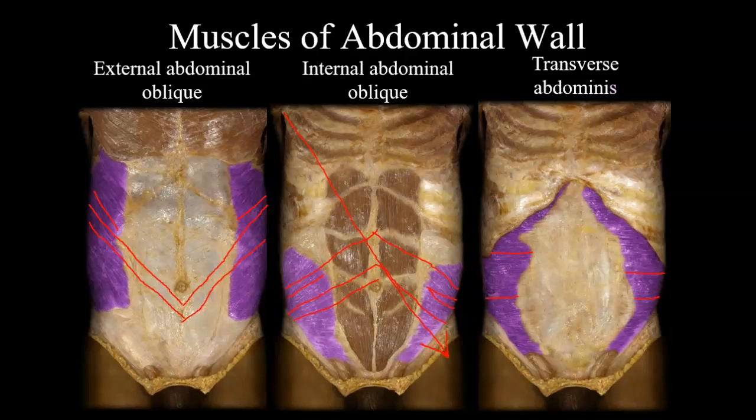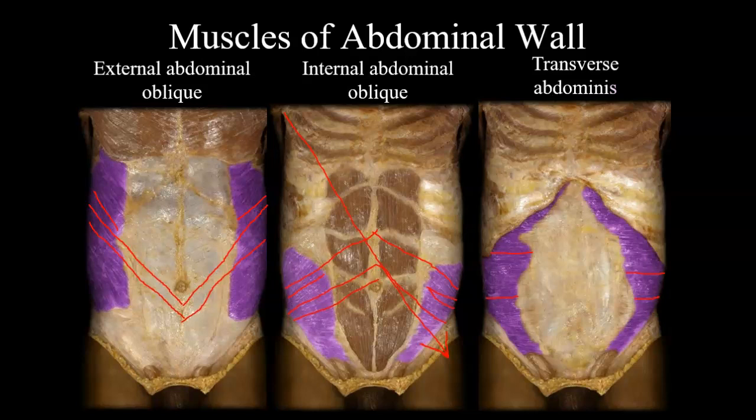So why am I talking about pregnant women? In pregnancy, as Junior grows, what happens to the abdominal muscles? They just get stretched out. I just said, if a muscle gets overly stretched, it becomes weakened.